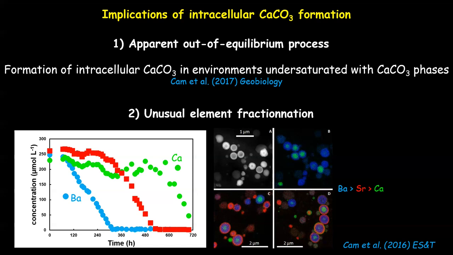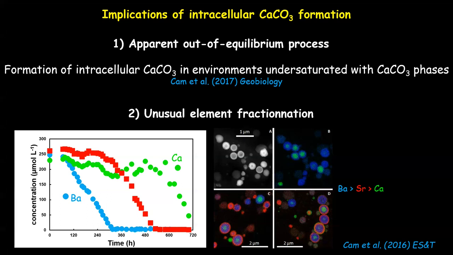So those bacteria, when they look at these different elements, which are all alkaline earth elements in the same column of the Mendeleev classification table, and have relatively similar chemical behaviors, are able to really efficiently discriminate between them, which is pretty unusual.